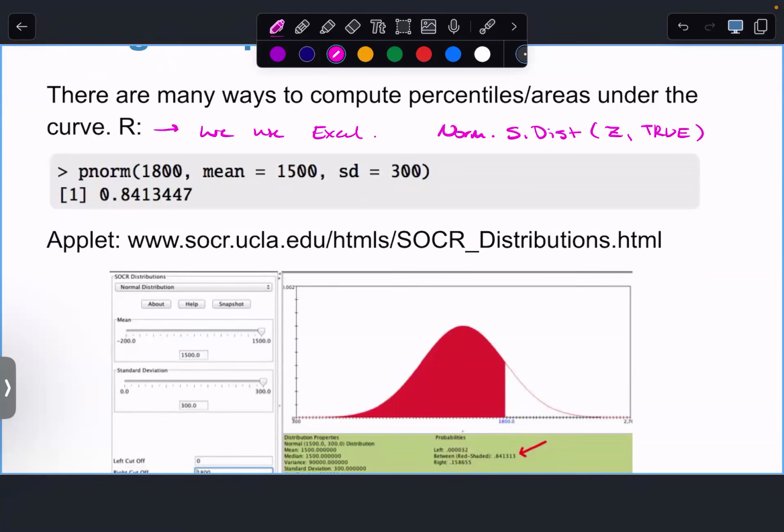But we're not ready to introduce the Excel because we don't know what it is yet. But we will have an Excel command that just does it and finds the exact value under the curve or the exact area under the curve, right? And so that's nice.